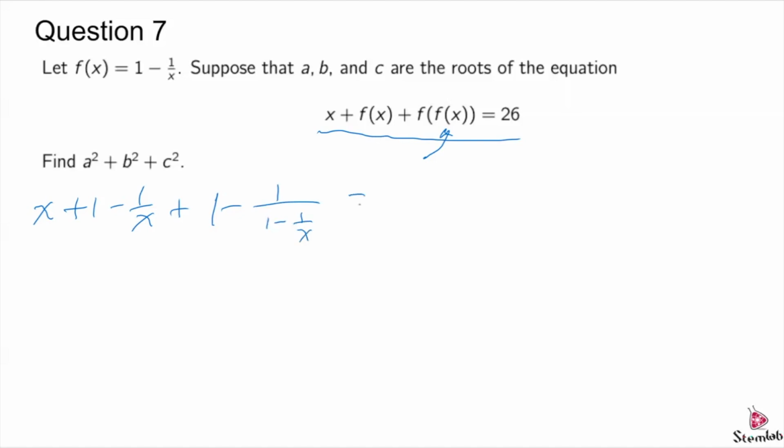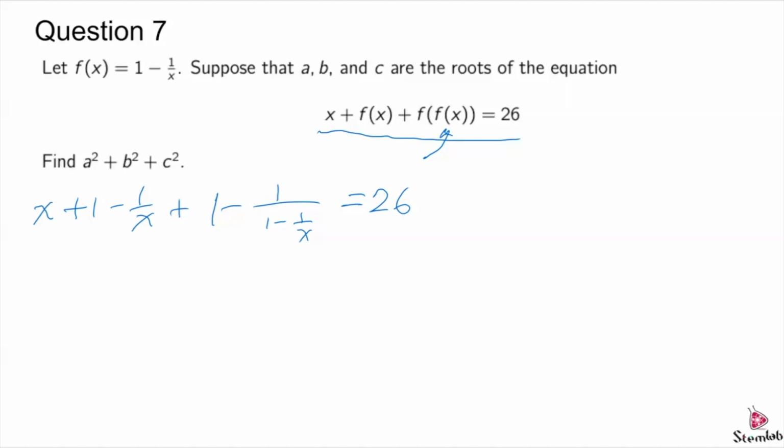Equals 26. Okay, so our job would be to get rid of all the fractions on the left-hand side, so that it's hopefully, given the statement of the problem, a cubic equation.